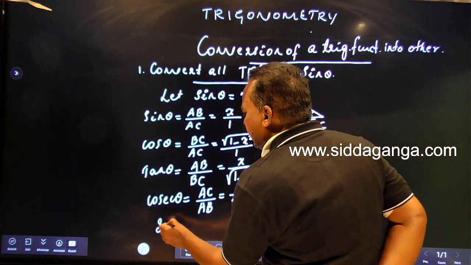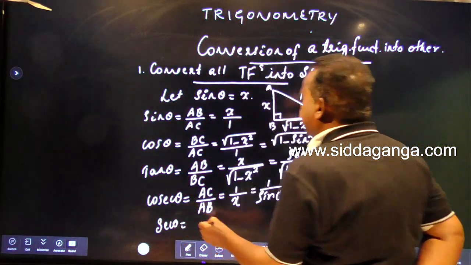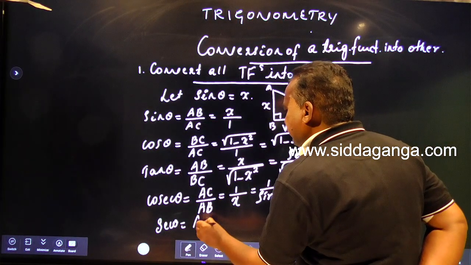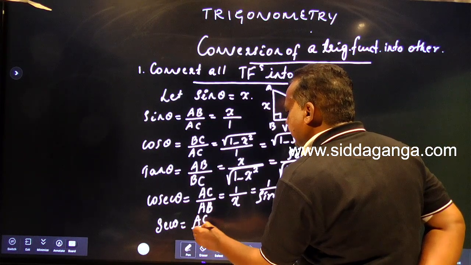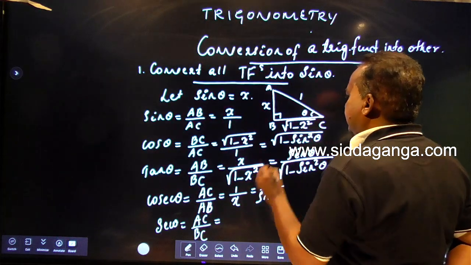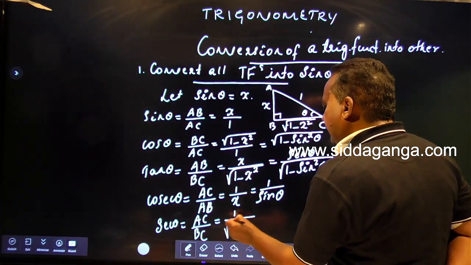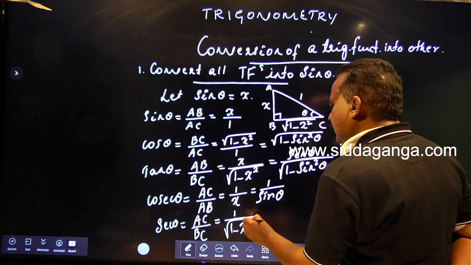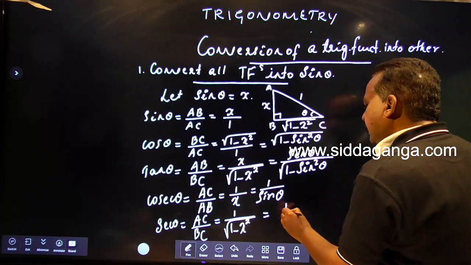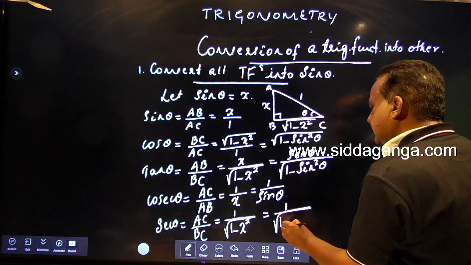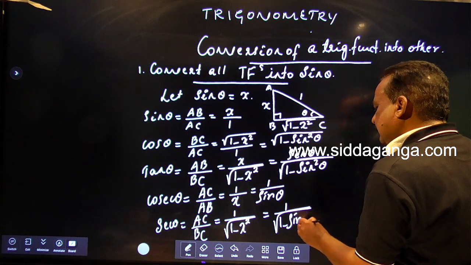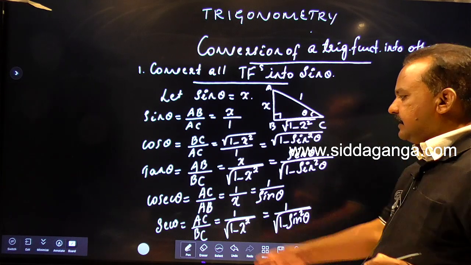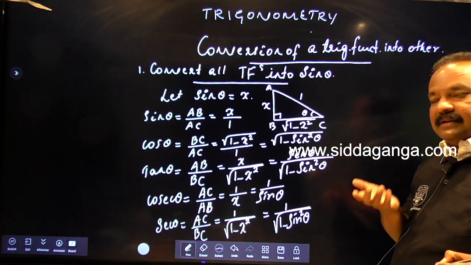Secant theta. How do you define secant theta? AC by BC. Hypotenuse by adjacent. Hypotenuse is 1 divided by adjacent which is root of 1 minus x square. 1 divided by root of 1 minus what is x square? Sin square theta. So this is secant theta in terms of sin theta.